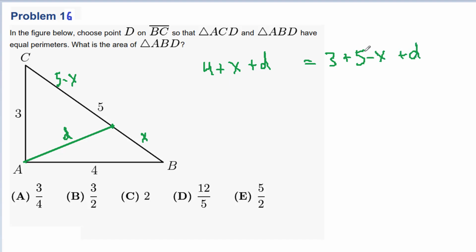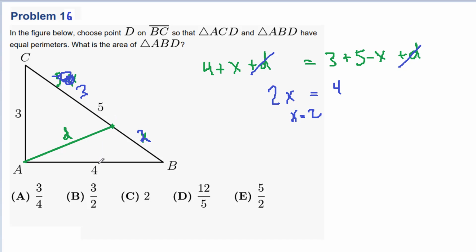Okay, we have a D on both sides, so they will cancel out, right? And let's see, we have 3 and 4 and 5. Looks like we're going to have 8 over here and 4 there. Bring them over here. 2x equals 4. X equals 2. So it looks like this is going to be 2. And this is going to be 3.